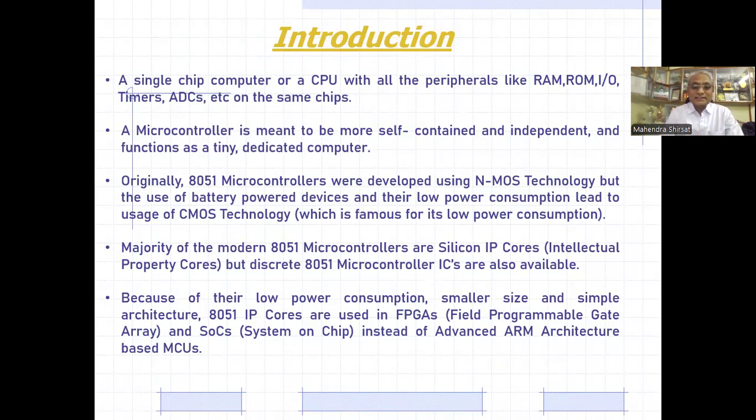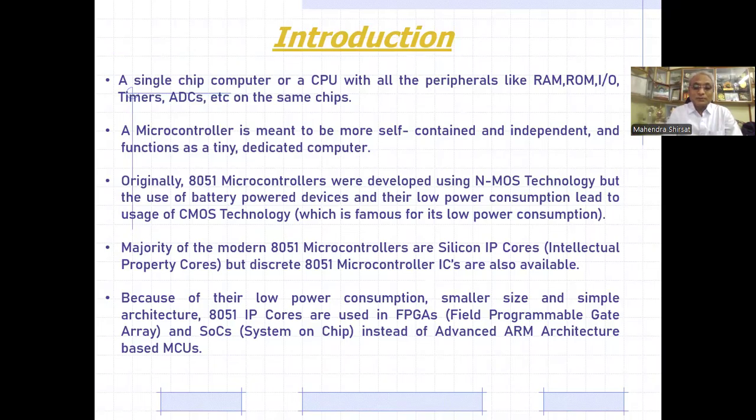The majority of modern 8051 microcontrollers are silicon IP cores, intellectual property cores, but discrete 8051 microcontroller ICs are also available. So this is some introductory part: the majority of modern 8051 microcontrollers use silicon IP cores, which have certain advantages.